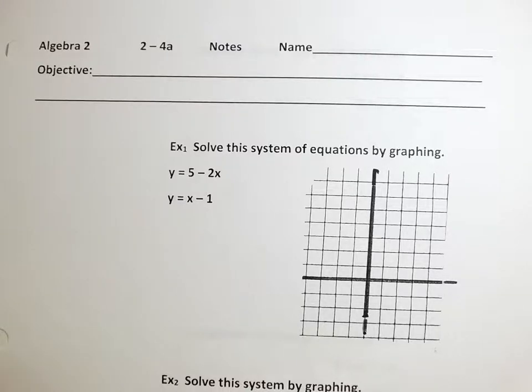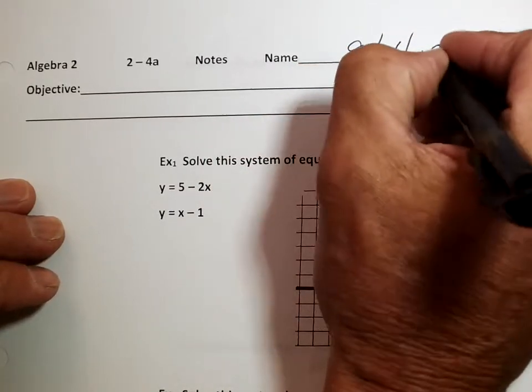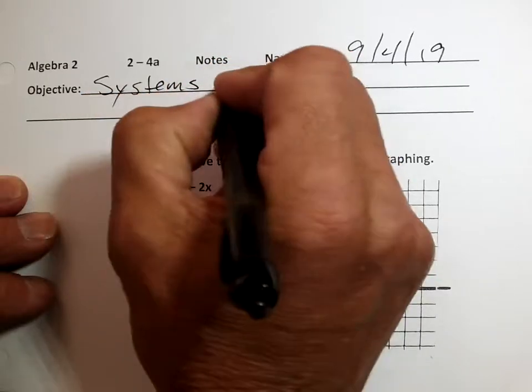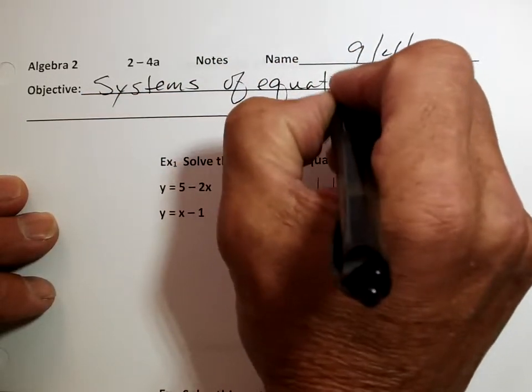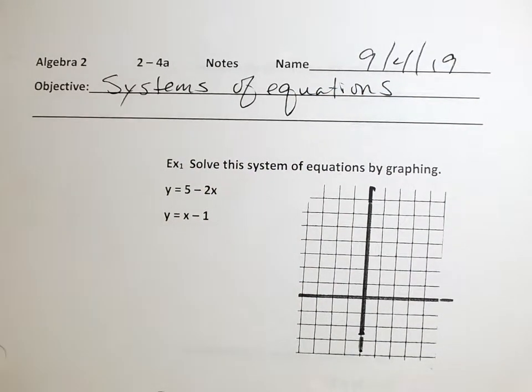Okay, so today, 9/4/19, systems of equations. Fancy word for: if you have two variables, you need two equations.